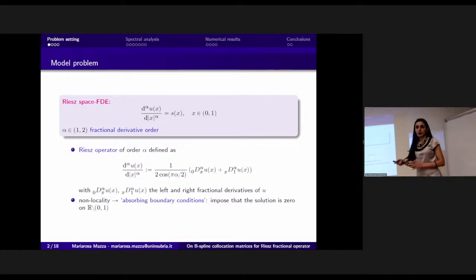Despite its simplicity, this model is commonly considered as a starting point for studying more involved models. So that's why we started from here. And because of the non-locality of this operator, concerning the boundary conditions, we go for the so-called absorbing boundary conditions, which means imposing that the solution is zero at the boundary, but also outside it.